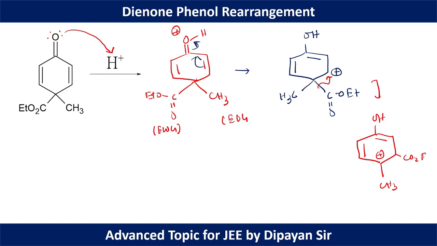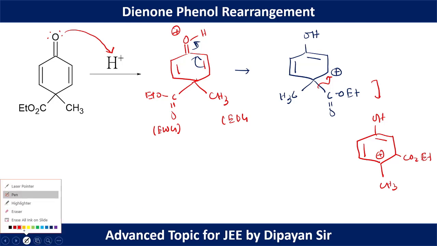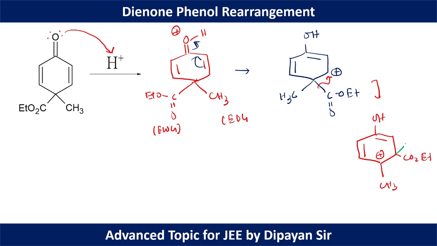This carbocation will be stabilized by the hyperconjugation and inductive effect of the methyl group, and finally the CH bond will be cleaved and aromatic stabilization will be formed, and this will be our final product.